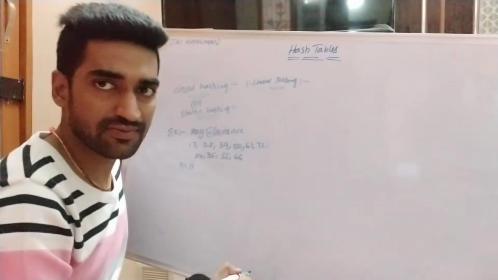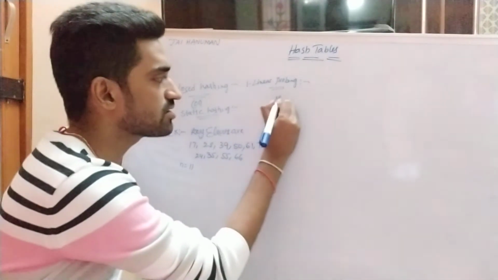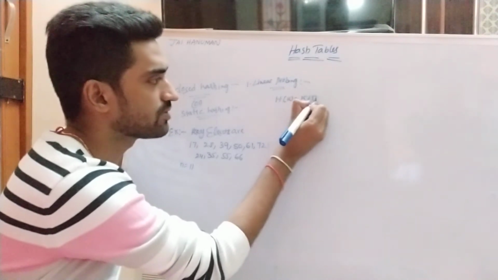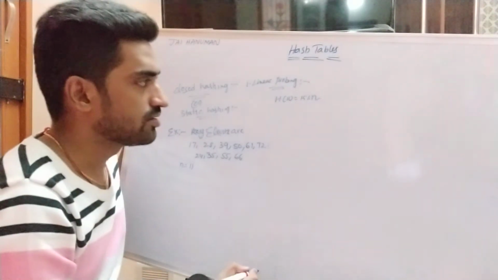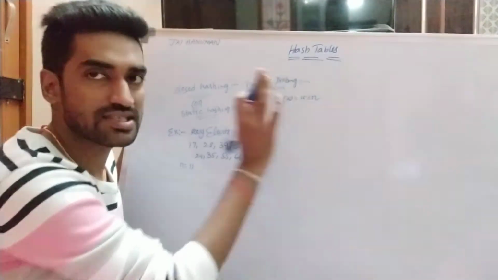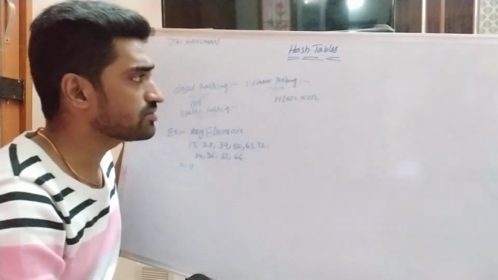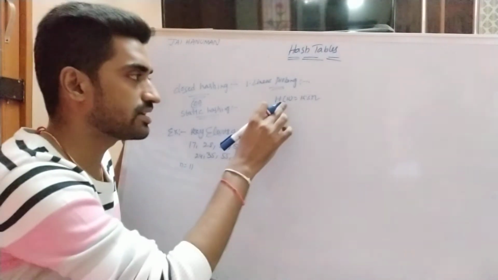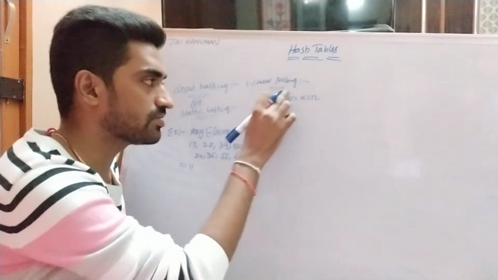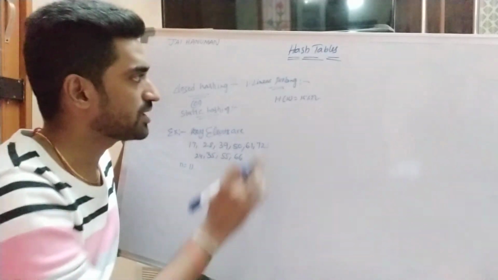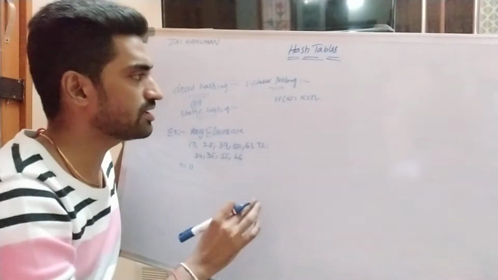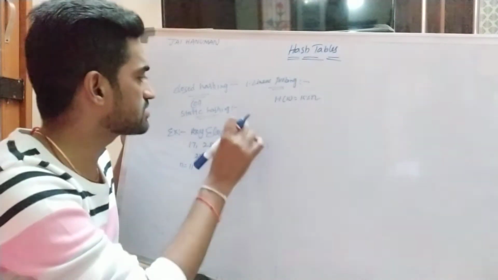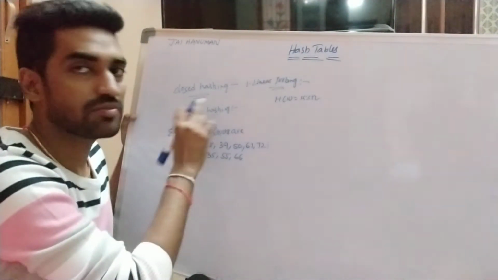So what is the general formula for performing hashing operation? H of k is equal to k modulo division of n. Here k is nothing but key value, n is nothing but size of the hash table. Once collision is occurred at the time of hashing operation, by using linear probing, we can insert the elements in static manner, right?